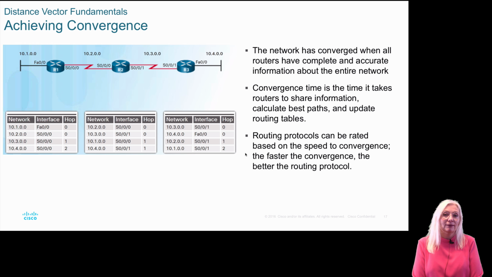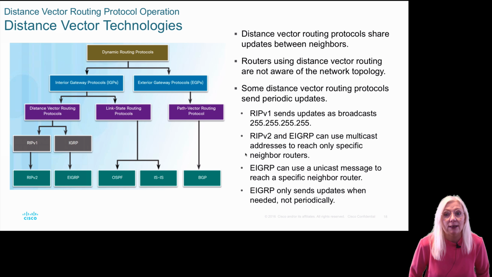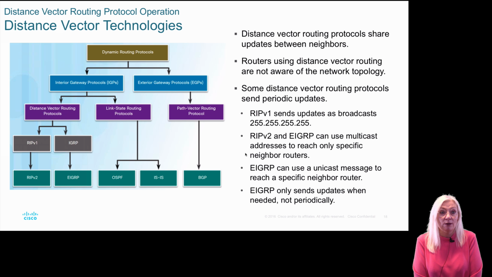We can rate routing protocols on how fast they are at convergence, and distance vector routing protocols are slow to converge, because typically we send out the entire routing table to our neighbors, and we only know about the neighbors.